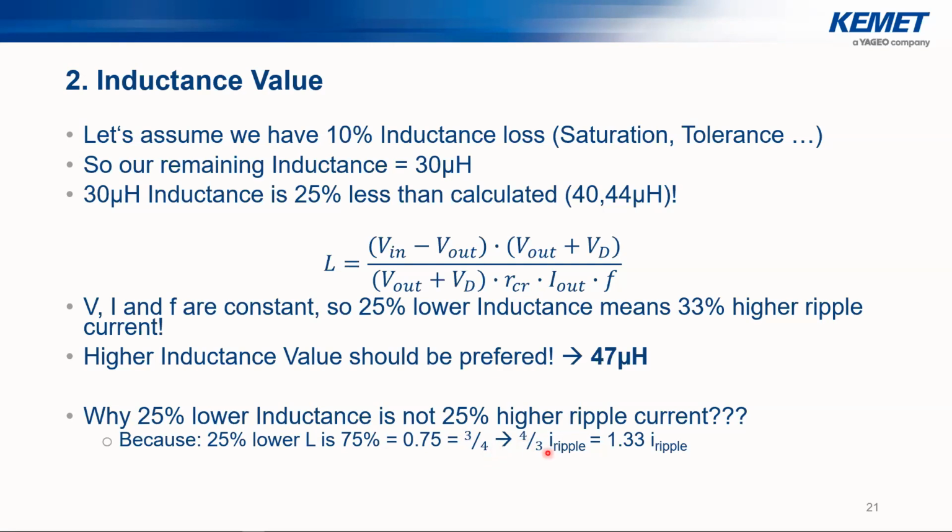And this means we have 4/3 I ripple current, which is 1.33 I ripple. So just a simple calculation. We can calculate this later, but just keep in mind, if you have a lower inductance, you have a much higher ripple current, and you do not want to have a higher ripple current because this might affect your EMC.